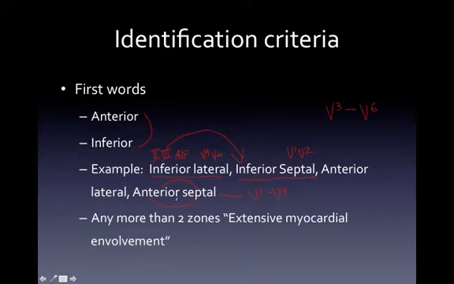Any more than two zones, you apply the word extensive. Now, some people use slang on this and consider them global MIs. So if they have more than two zones, we consider that extensive myocardial ischemia, extensive myocardial infarction, and that's how we assess that and state those injury patterns.